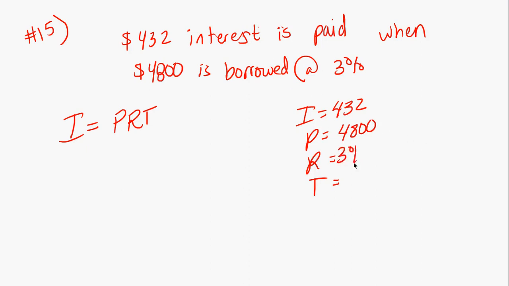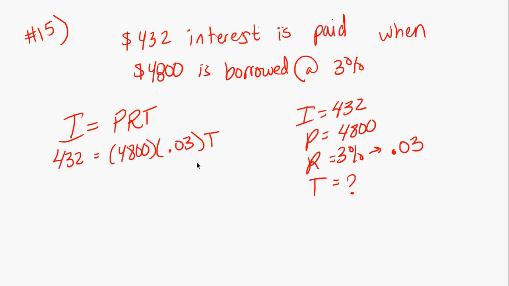The rate is 3%. So let's change that to a decimal of 0.03. And then the t, which is time, we don't know. So we're going to just leave it as t. So we plug that all into our formula. We've got 432 equals 4,800 times 0.03 t.